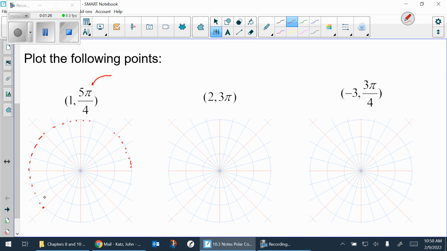But I only want a radius of 1, so my angle is this angle right here. I've got to come out to a radius of 1. And so that is my point right there. And I'm going to erase the rest of this because if I'm just plotting a point, I don't need all the rest of this stuff. I just need to be at the appropriate angle measure and at the appropriate radius.